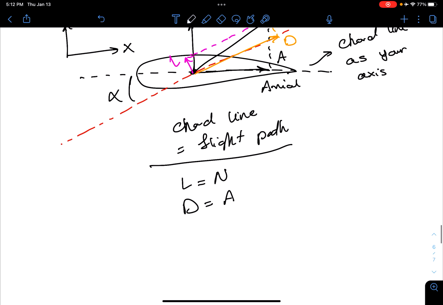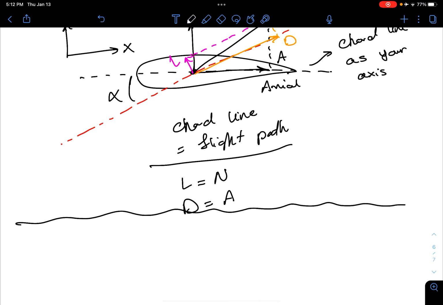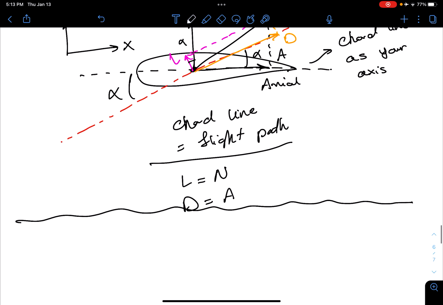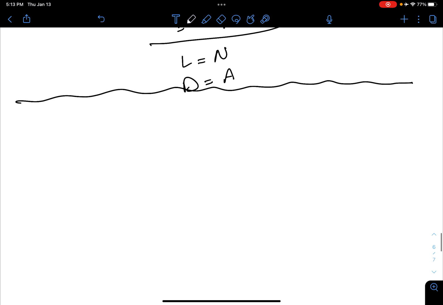But in general, there is a trig relationship between lift and drag. These are all vectors. We know these angles. This is the angle of attack. If you do the trig analysis, you will find this angle is just the angle of attack, right? So we can find the relationship between lift and drag, and the other forces, normal and axial force, as a function of angle of attack.